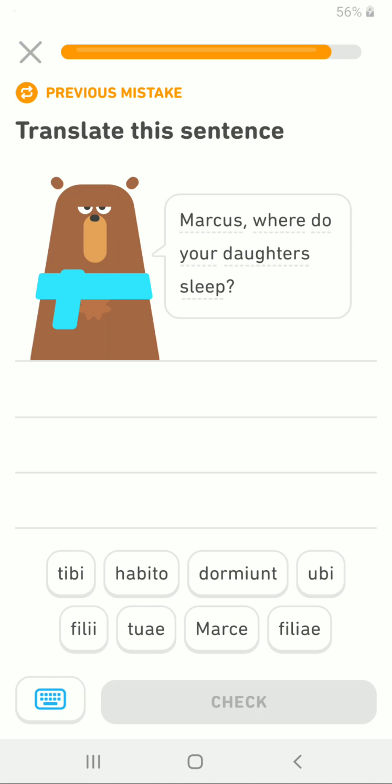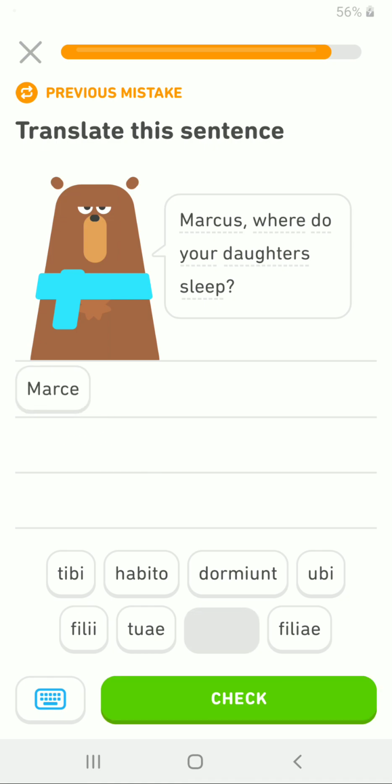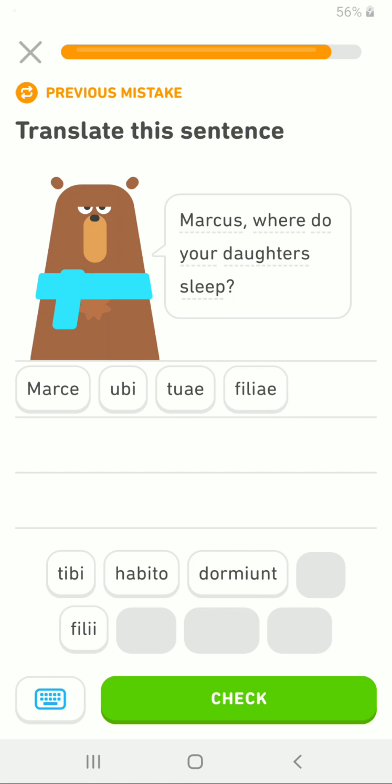Marce, where do your daughters sleep? That was my previous mistake. So how's Marce ubi tuae filiae dormiunt.